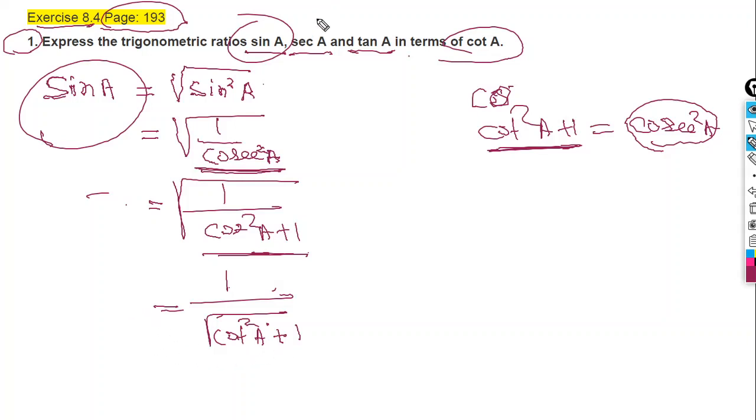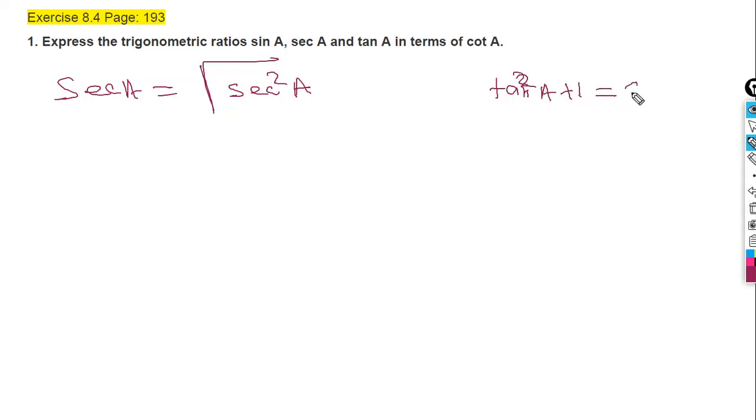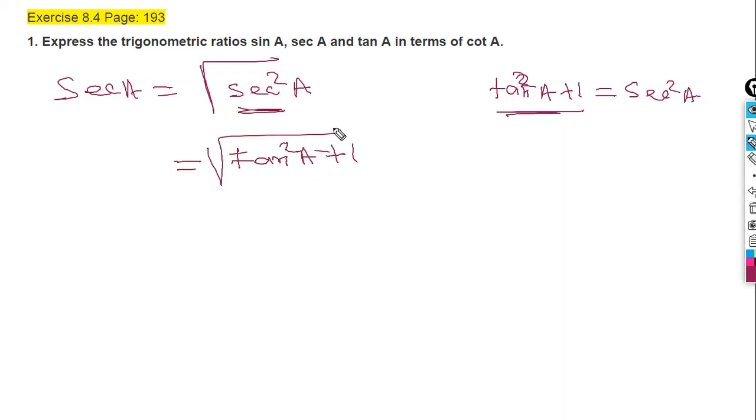Now we will move to sec A. So sec A is equal to, again, root over of sec square A. And you know one formula, that tan square A plus 1 equals sec square A. So instead of sec square A, we can write tan square A plus 1, whole root over.